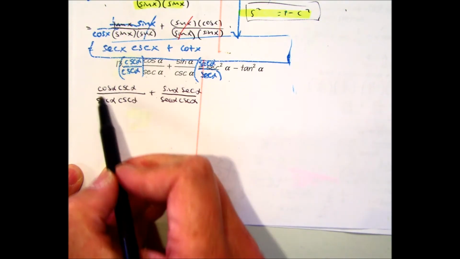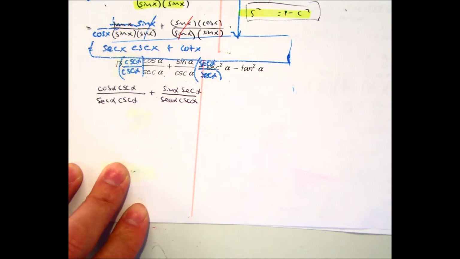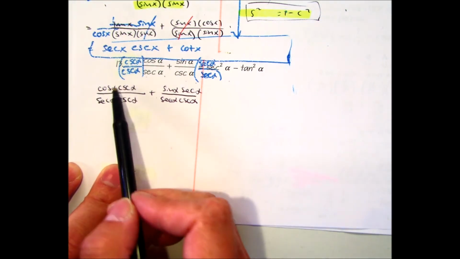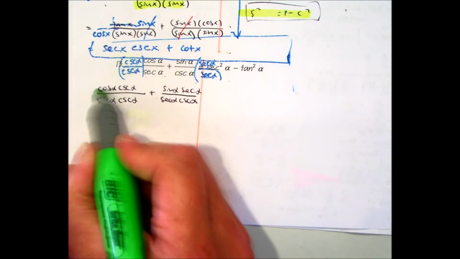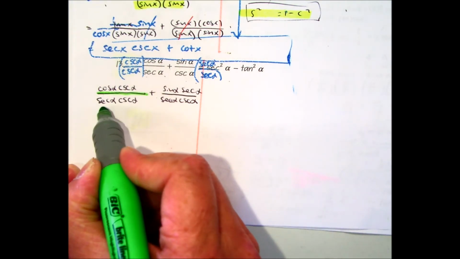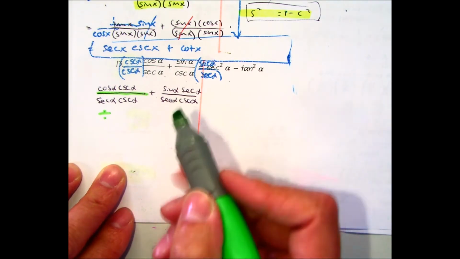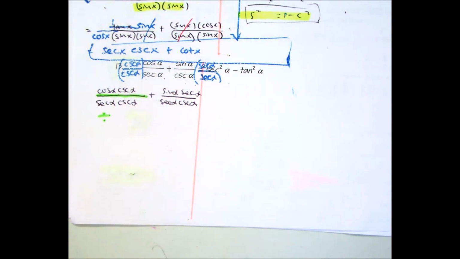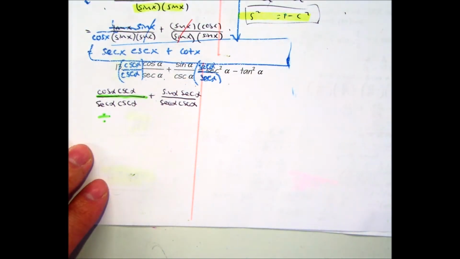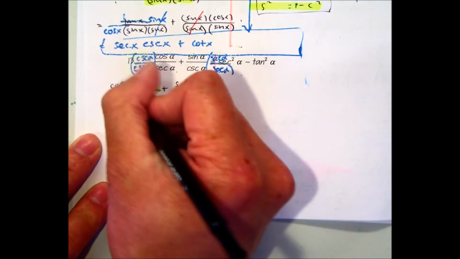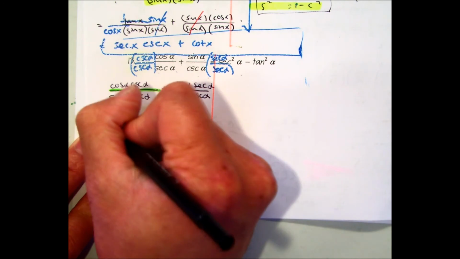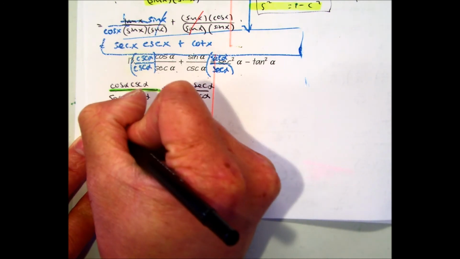Alright, so now I'm going to change all of those into sines and cosines. Let's color code that. It's going to be kind of big. There's my division sign here. Just because I'm running out of space, in the numerators on this side I have cosine.